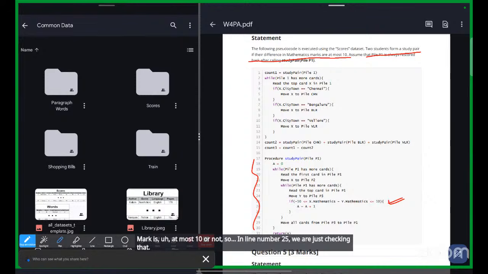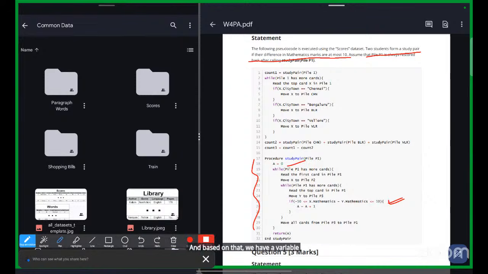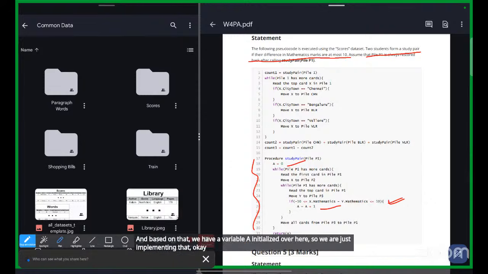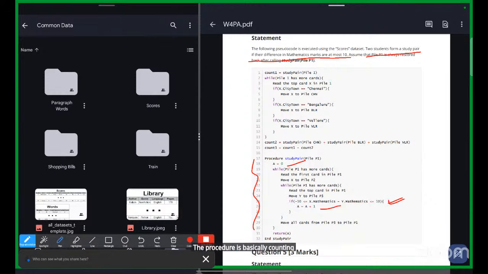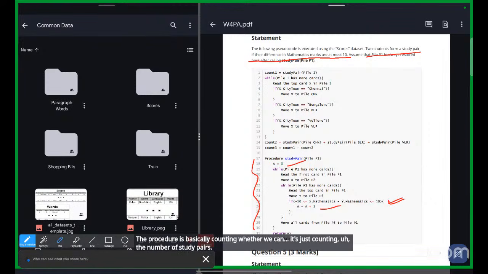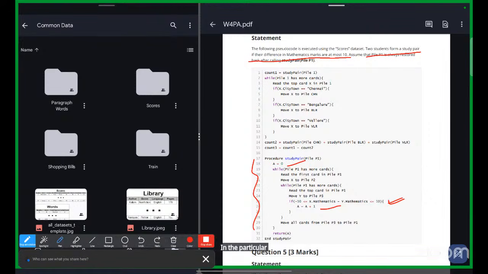Based on that, we have a variable A initialized over here. So the procedure is basically counting the number of study pairs in the particular file.